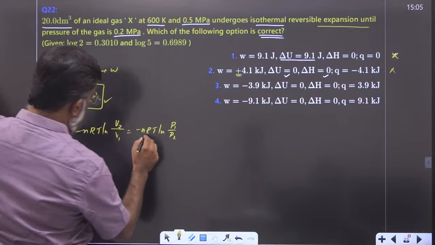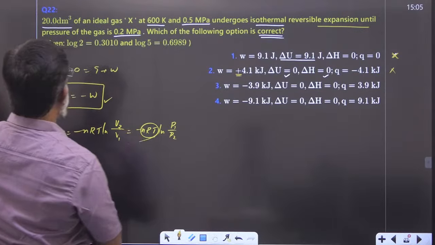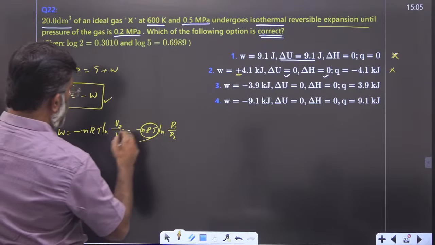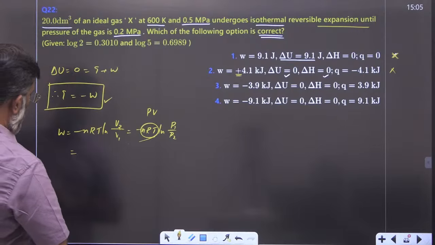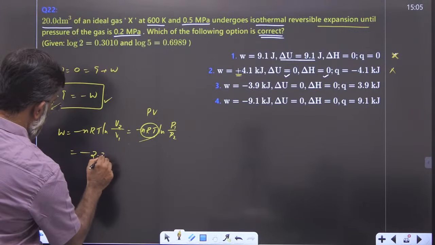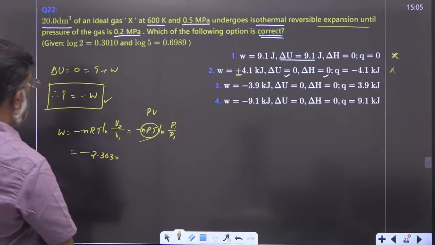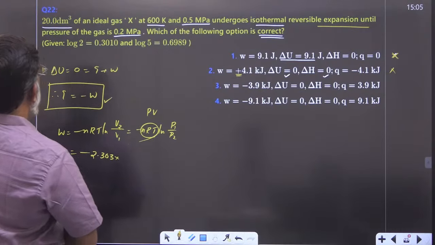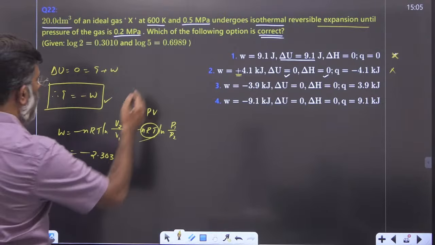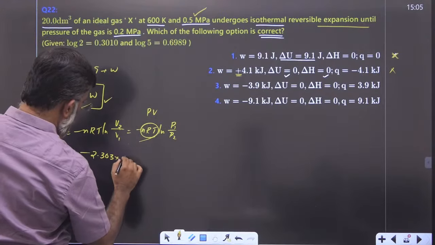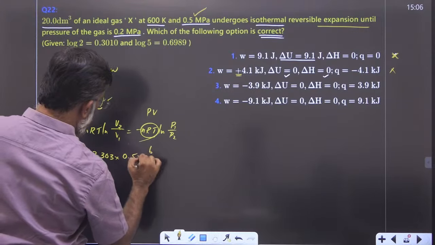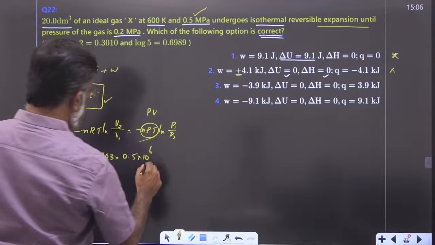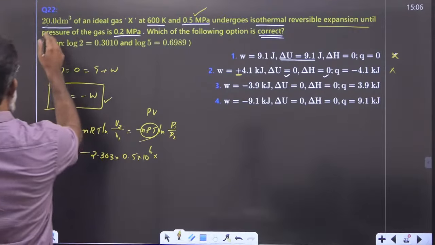So nRT is not given. Instead we can take PV, since PV equal to nRT. So minus 2.303 into PV. P is 0.5 megapascal, so 0.5 into 10 raised to 6 Pascal, into 20 liters.